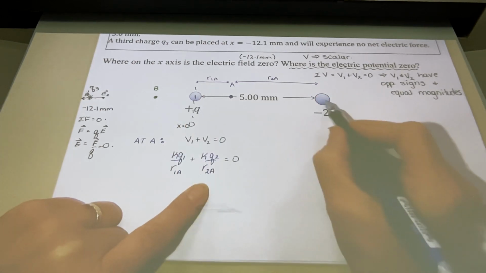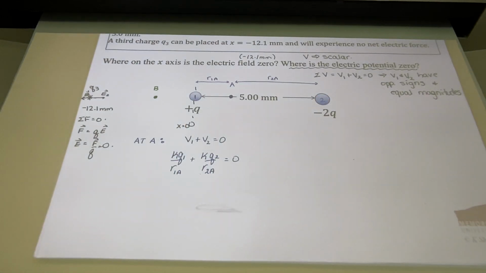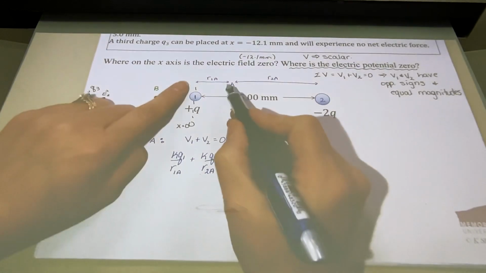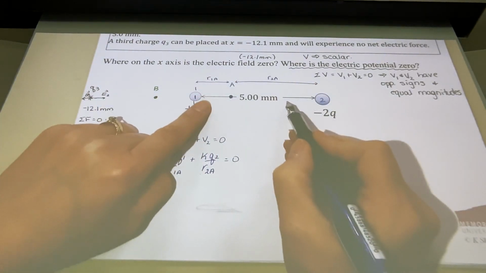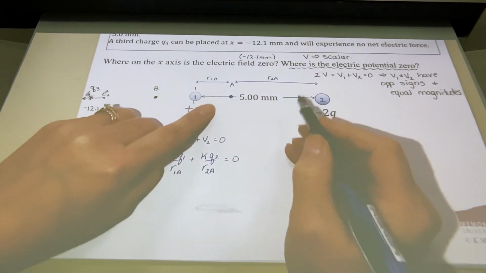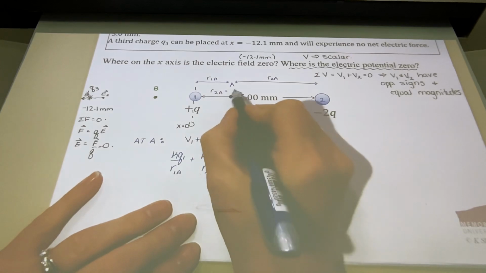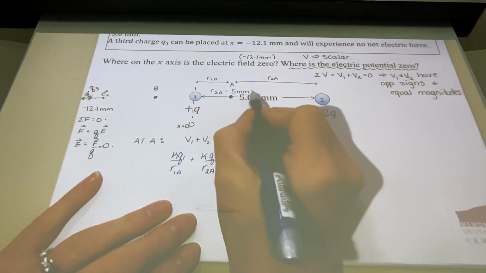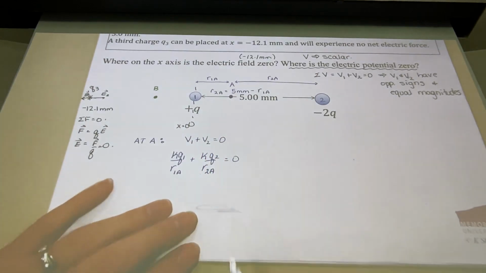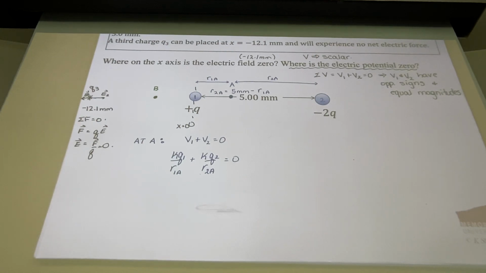Charge 1, charge 2. If I look at my picture, I can see that R1A plus R2A equals 5 millimeters. So this plus this is 5. So R2A equals 5 millimeters minus R1A. So that's a relationship I just see from looking at the diagram.